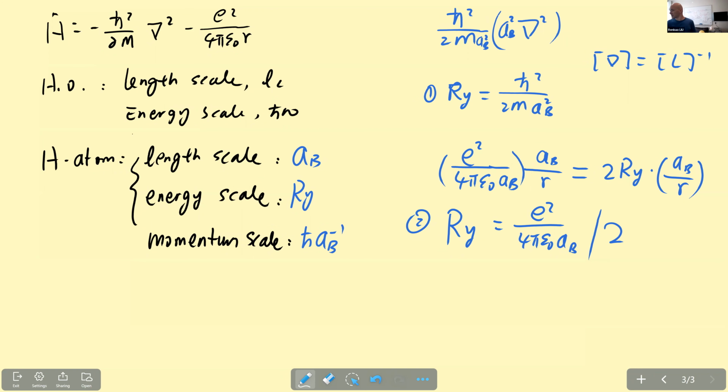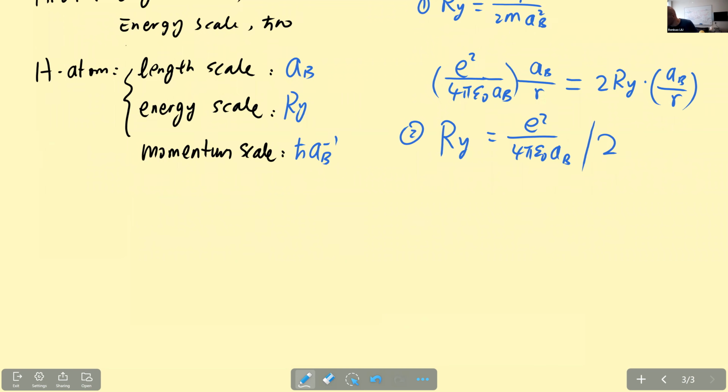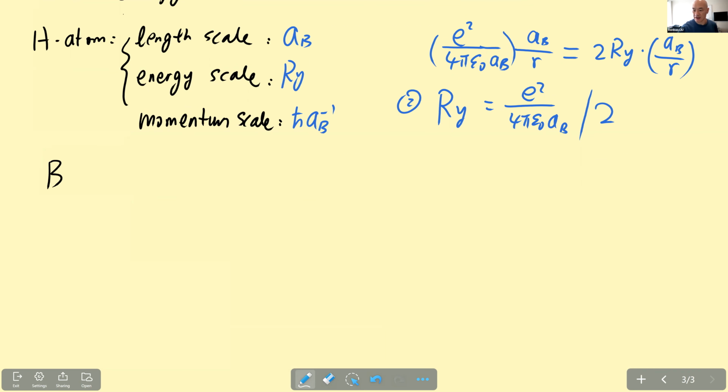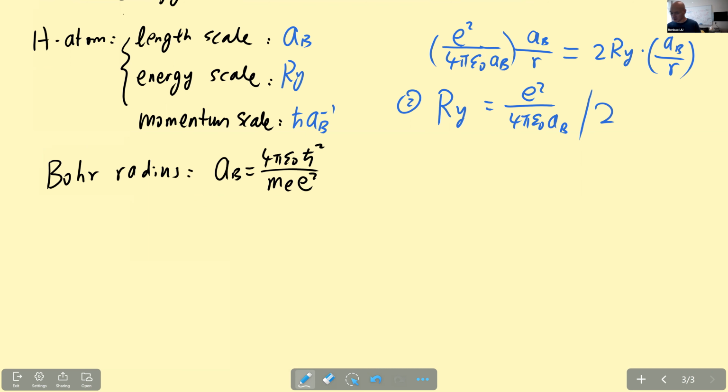From this, you can immediately obtain the so-called Bohr radius as the length scale. That is a_B equals 4 pi epsilon 0 h bar squared over m_e e squared.